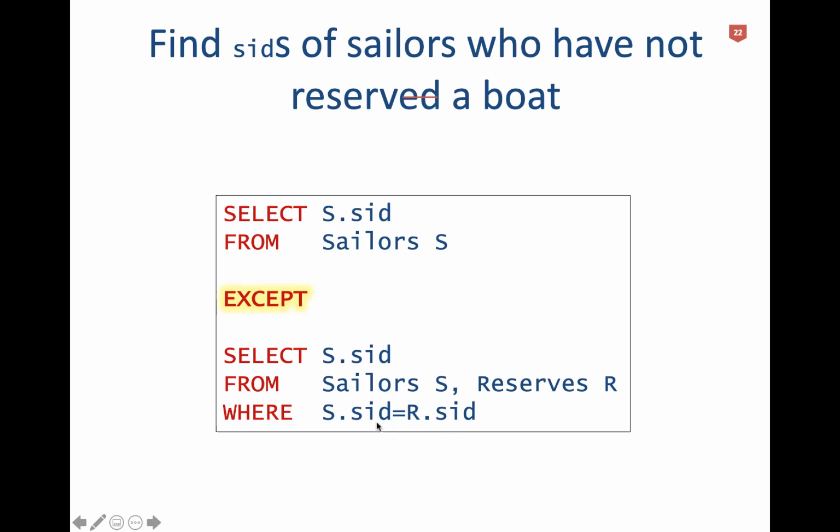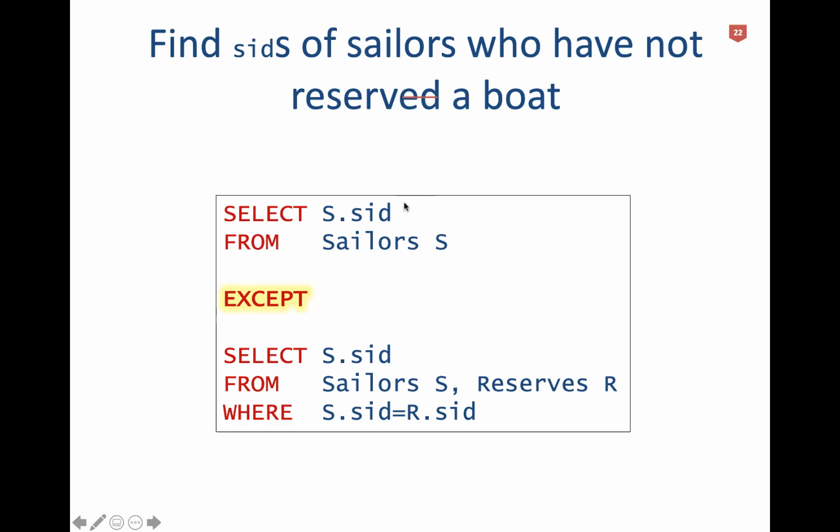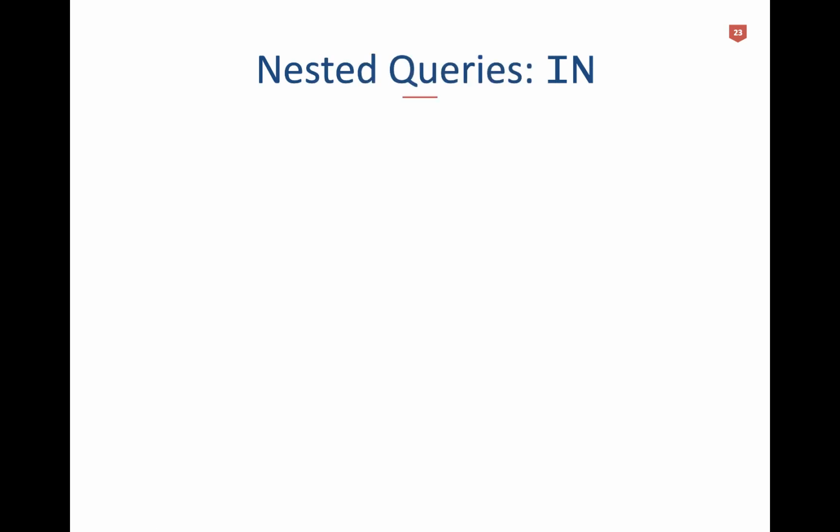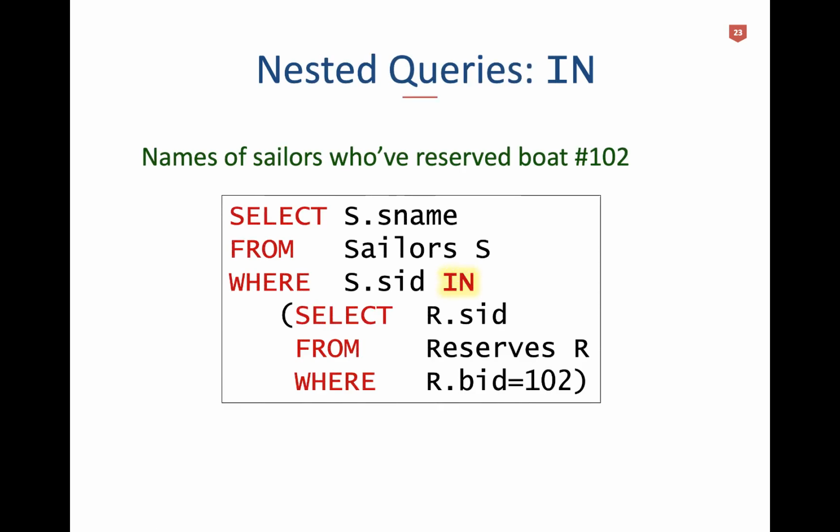We have this condition satisfied, which means they have reserved a boat, and I'm going to have the result of the relation from this query minus the relation from this query, and the result will be those who have not had this condition true. So this is using the word except.